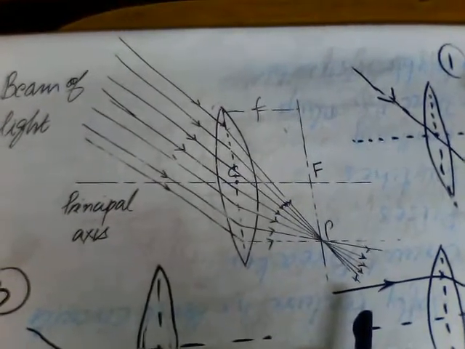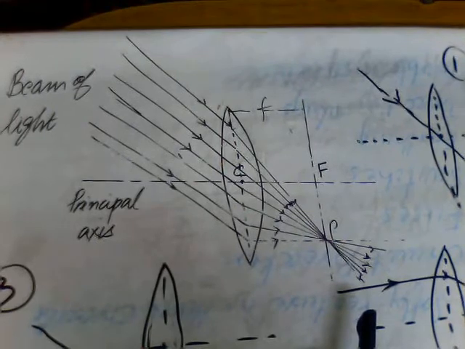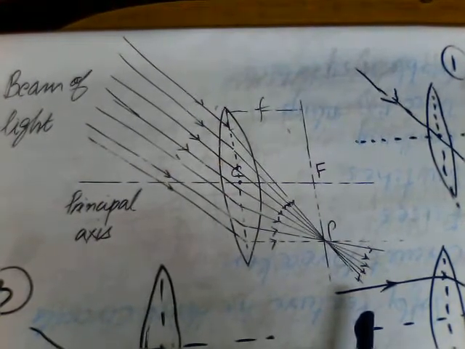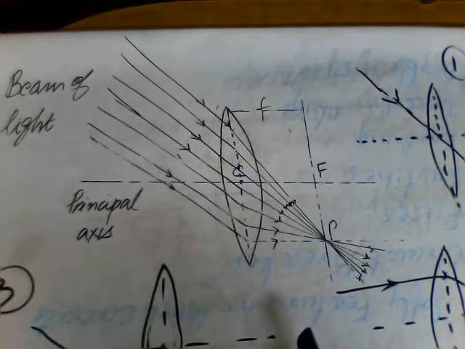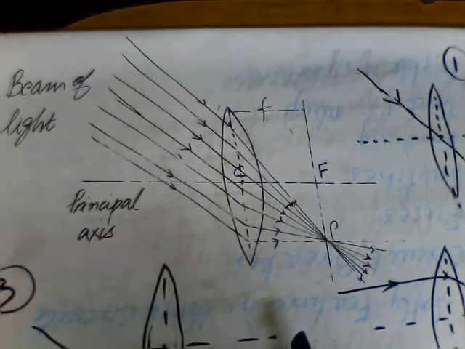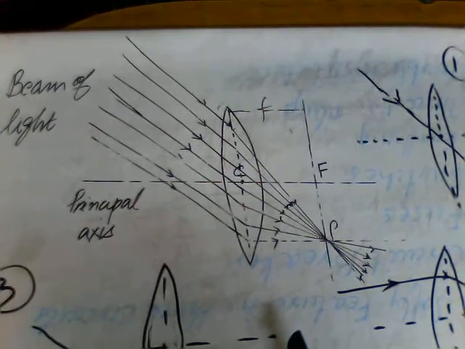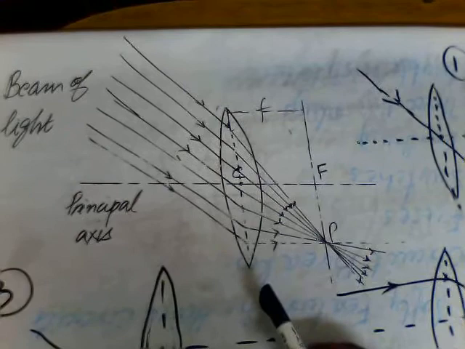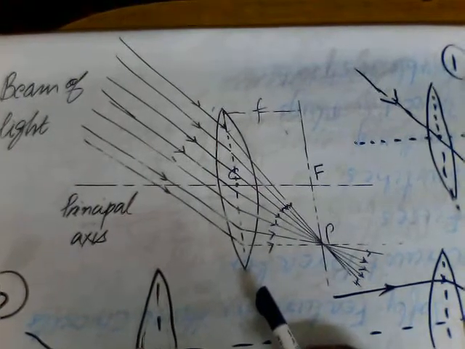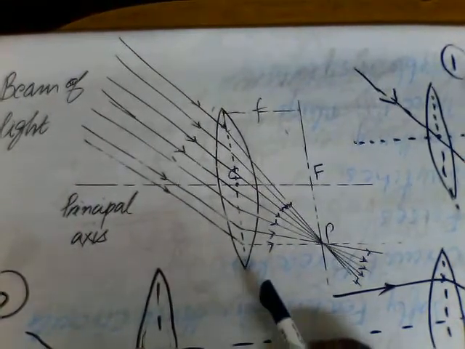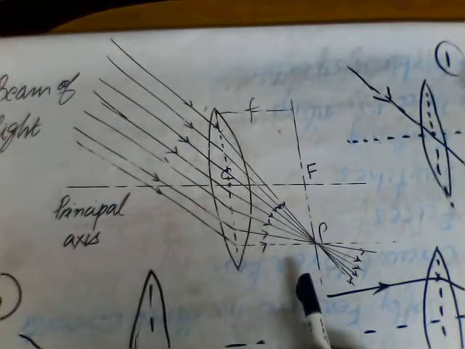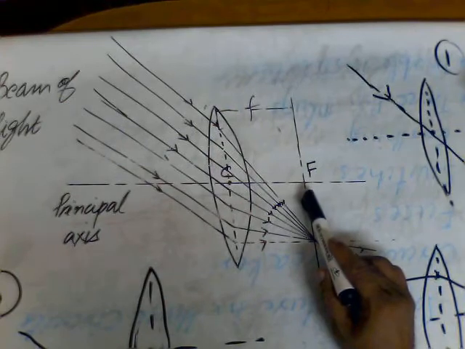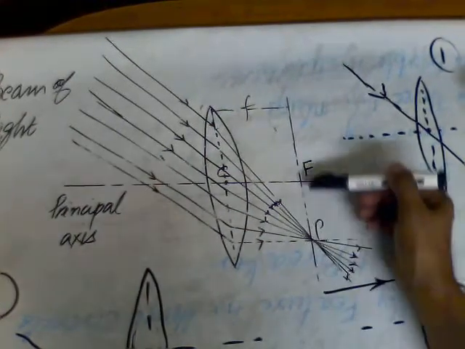In the first figure, the rays were parallel to the principal axis but perpendicular to the lens. Here, with the angle other than 90, all these light rays will not converge at the focal point but at a point next to it.